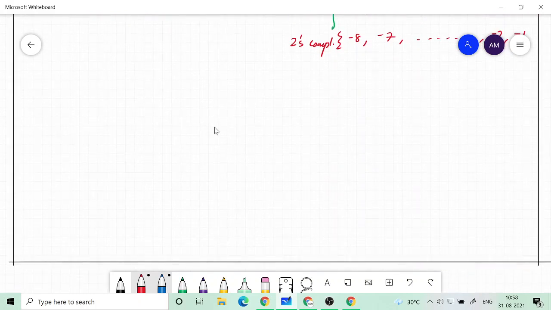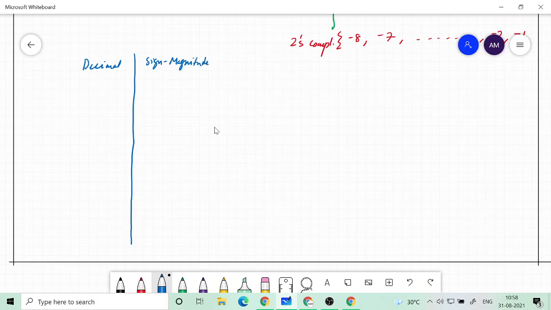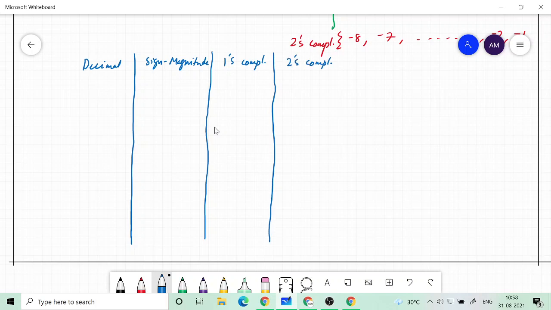So one column I will write as the decimal, and then I will write sign magnitude, then I will write 1's complement, and then I will write 2's complement. Okay, so these are the three different possibilities.